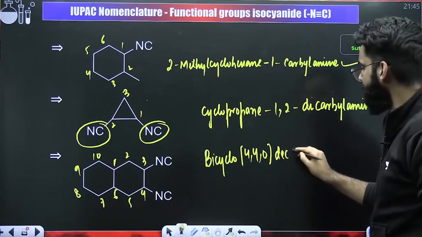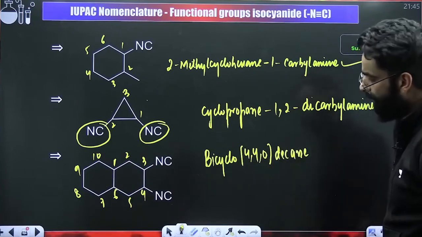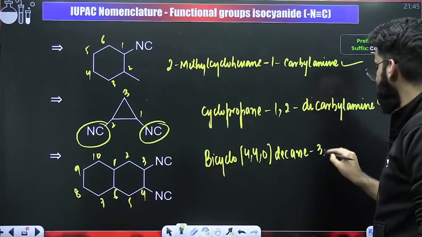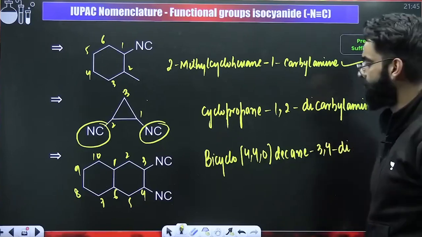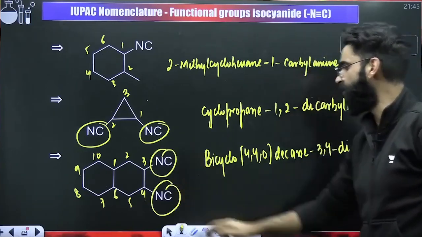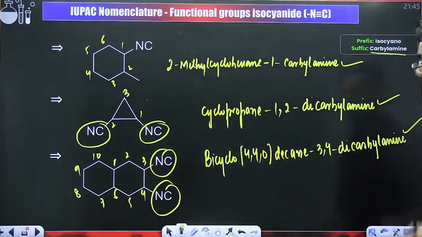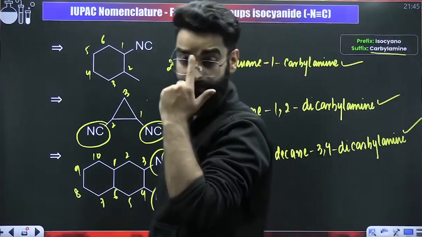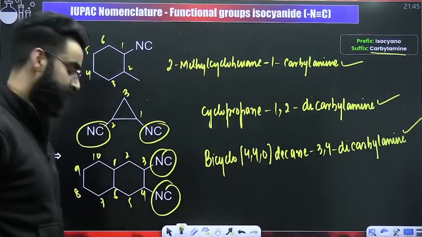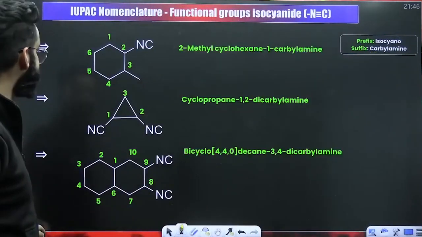Total 10 carbon atoms, dec. Everywhere is a single bond, so ane. At 3 and 4, two functional groups, so di. And as a suffix, carbylamine. So these sort of questions you should be able to do.